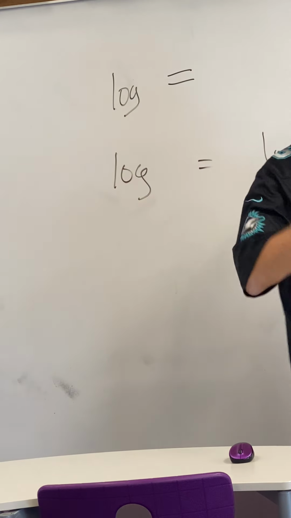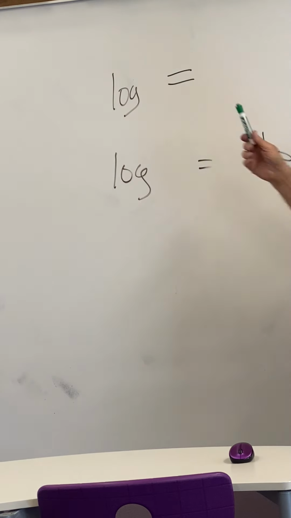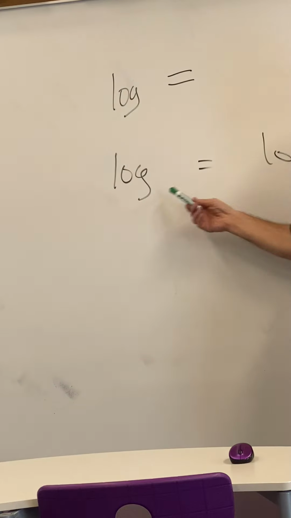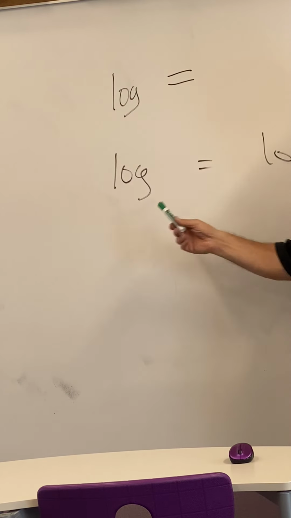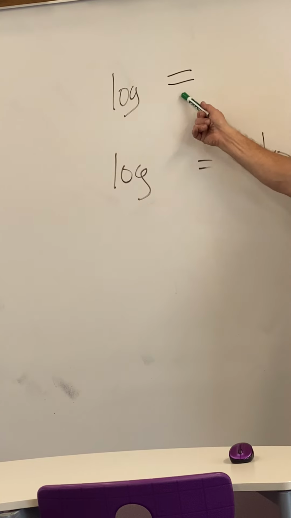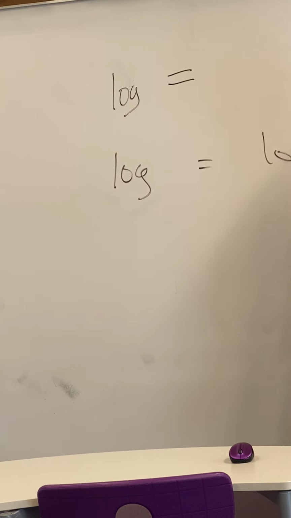So if you have a logarithmic equation, there's either going to be a log just on one side and not the other, or you're going to have logs on both sides, right? One or the other. It has to be that.